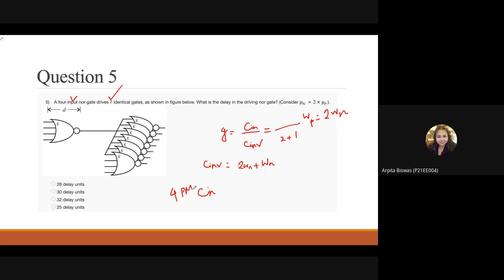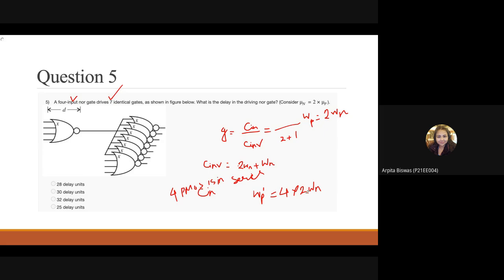I have taken the four PMOS in series. Then WP, the final WP for four inputs is four times twice of WN. Are you getting where this twice of WN I am taking?